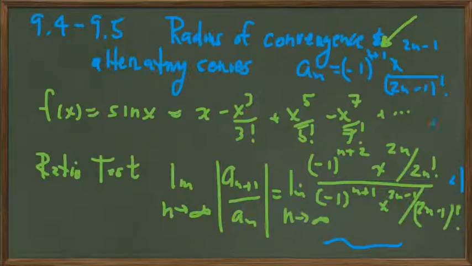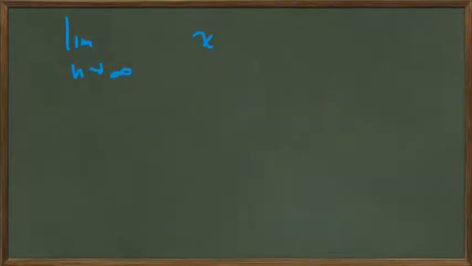So there should have been a fraction line here and here. When we divide this by this, it's just 2n in the denominator, so we take this limit and we get 0.